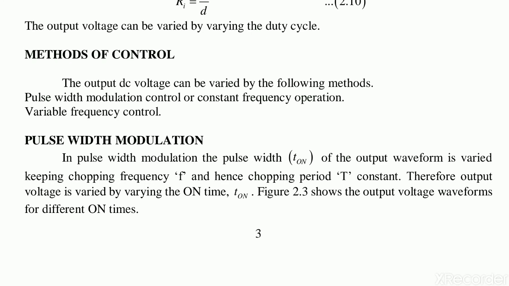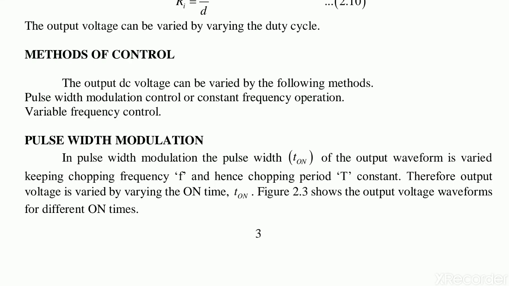In pulse width modulation, the pulse width, that is T on, the on period of the switch or SCR of the output waveform, is varied keeping chopping frequency F and hence chopping period T constant. Therefore, output voltage is varied by varying the on time, that is T on.